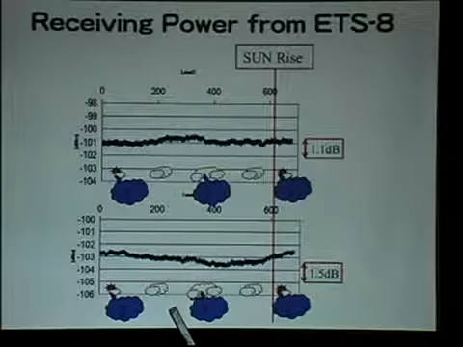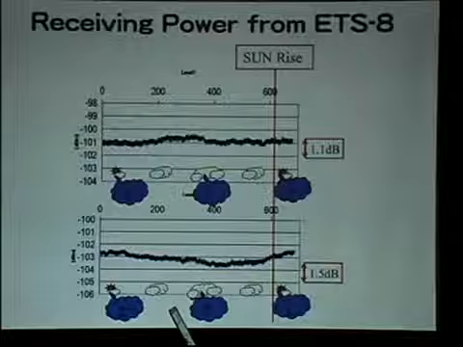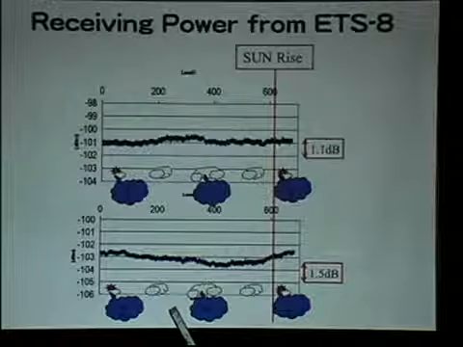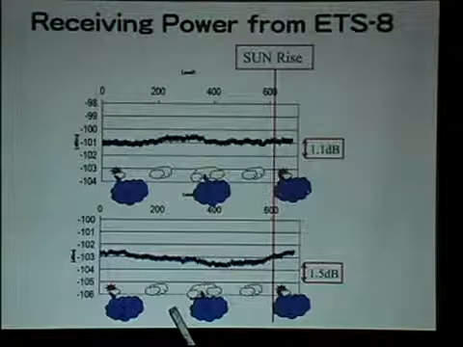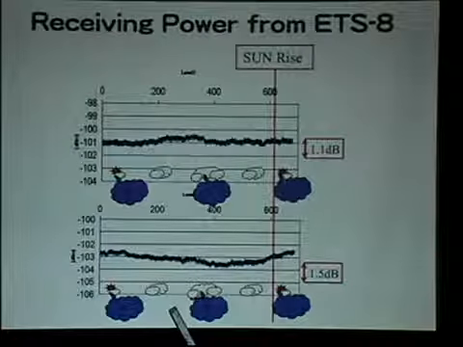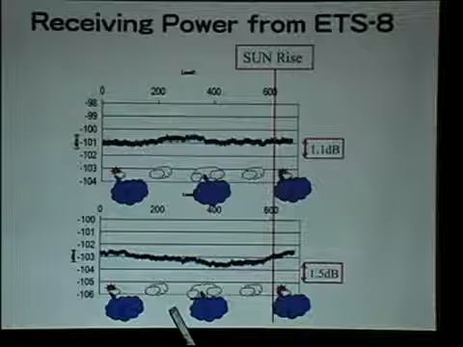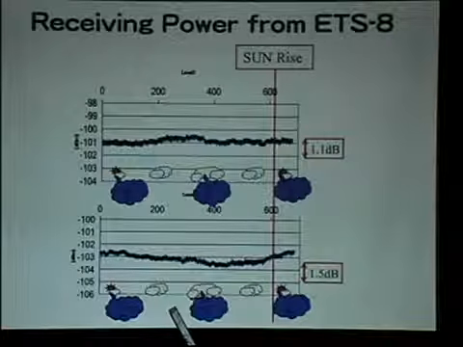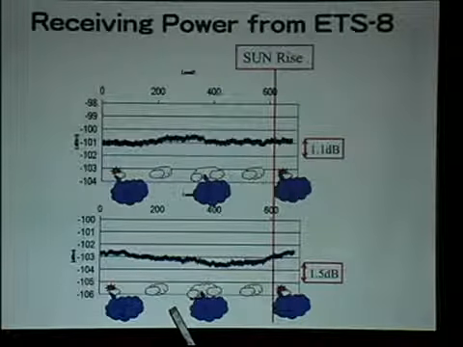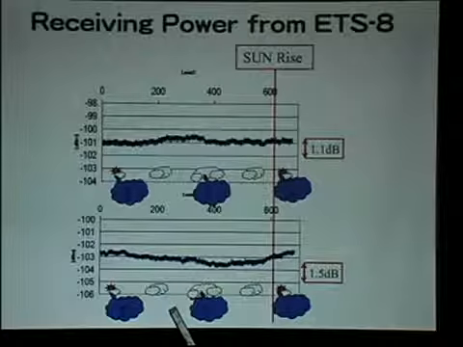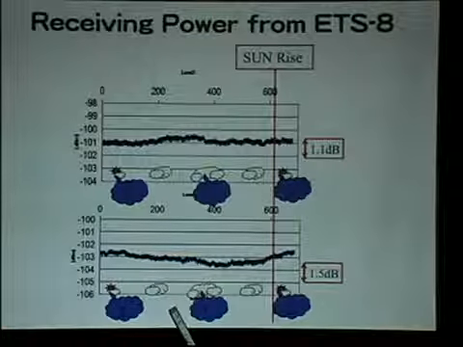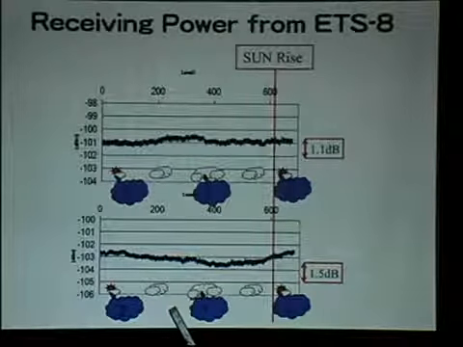This timing has a lot of cloud, but the cloud has disappeared, and it is almost the same receiving level. So it means no influence from the cloud and atmosphere.